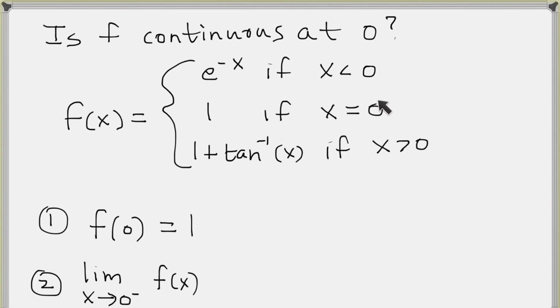If we are on the left side of 0, then we would be less than 0, so this condition would be satisfied. Therefore, we would be using this formula right here, e to the minus x. When we plug in a 0 for x, that simplifies to e to the 0, which is equal to 1. So the limit from the left is equal to 1.